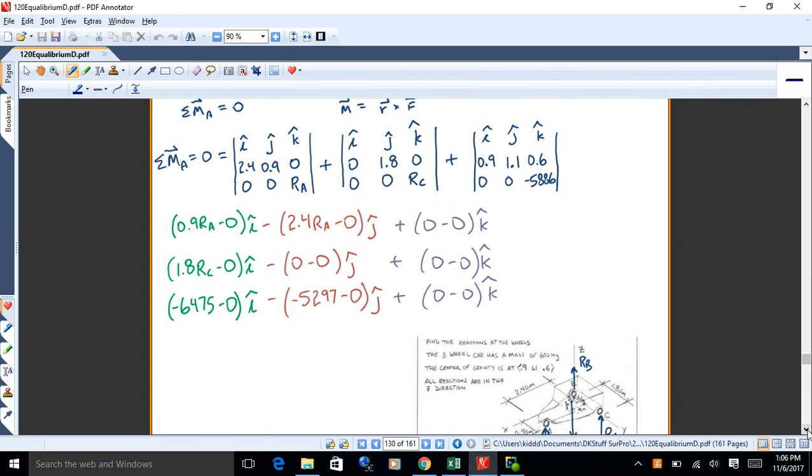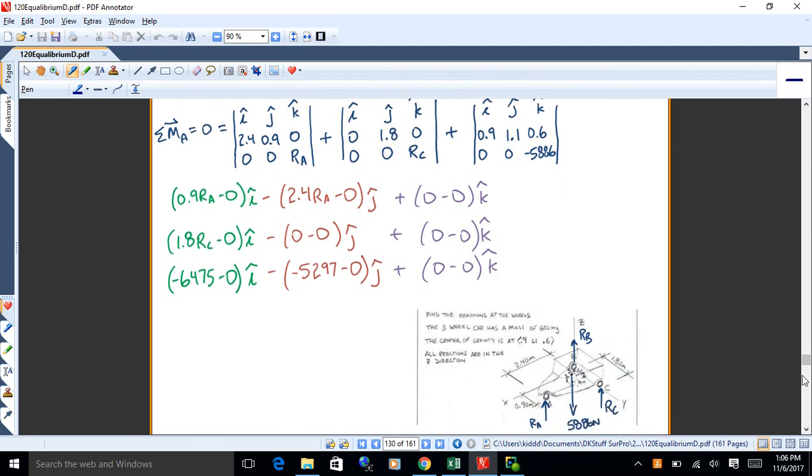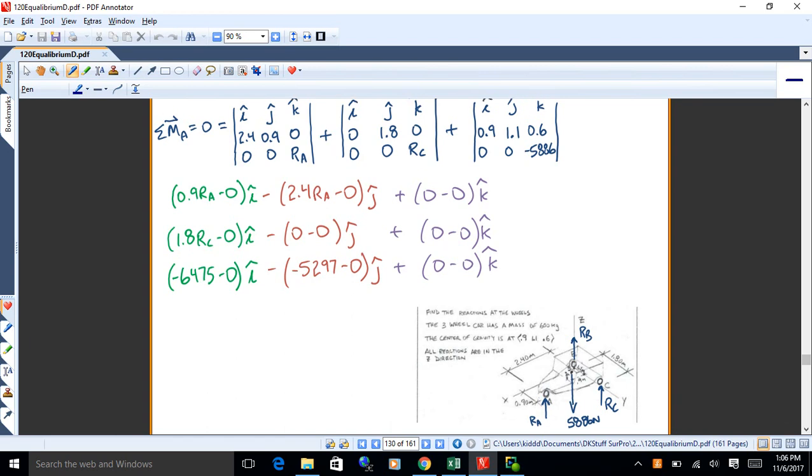Yeah, so we are using B as our point we're taking moments about, and then we just take, for instance, that sketch is kind of small there, so this will be a little bit tight, but like RB to RC, that's going 1.8 in the y direction. So that's 1.8j crossed with RC.